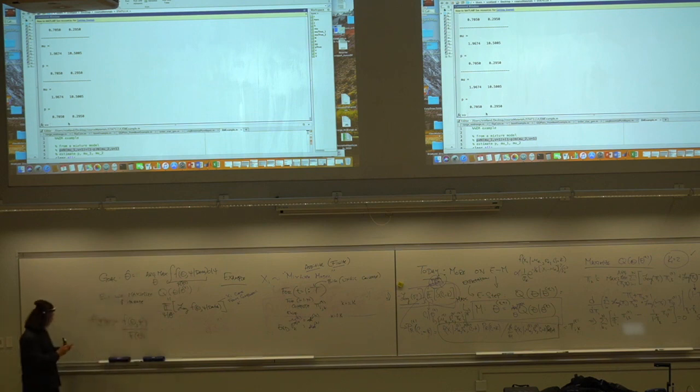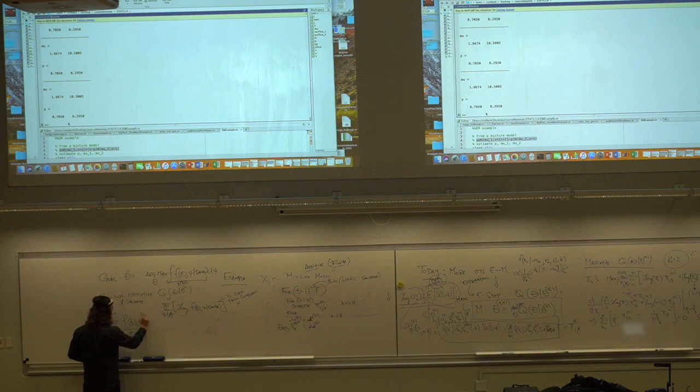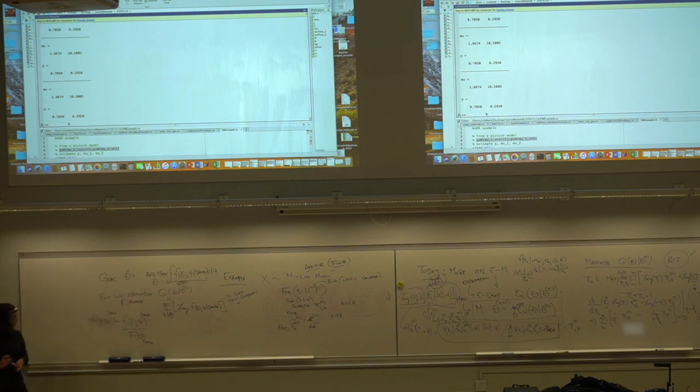Keep in mind, all of these are conditional on the data. Everything's conditional on the data. I'm just going to suppress the notation a little bit. And so this right here is the margin, so I'm taking the joint, I'm dividing by the margin, and I'm getting the conditional. Calculation we're all used to.